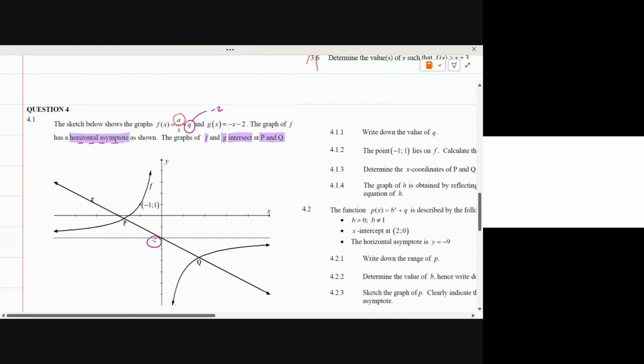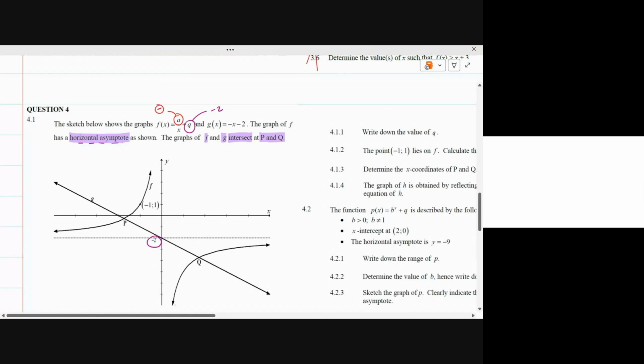Good, Narisha. My a value should be negative, because my hyperbola has been drawn in quadrants 2 and 4. Do we see how much we can figure out before we even get started on anything? There's so much that we can figure out.